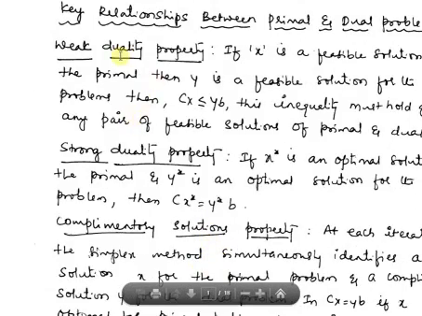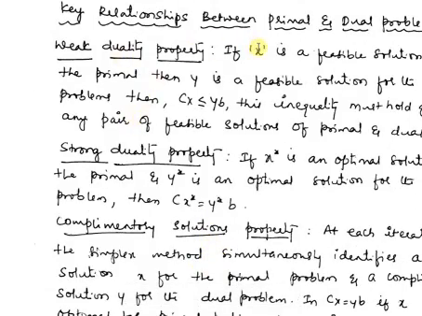Now, what is this weak duality property? In the weak duality property, let's say x is a feasible solution of the primal program, and y is a feasible solution of the dual problem or program.